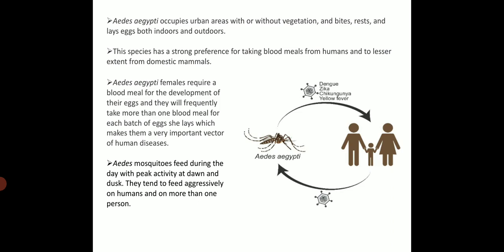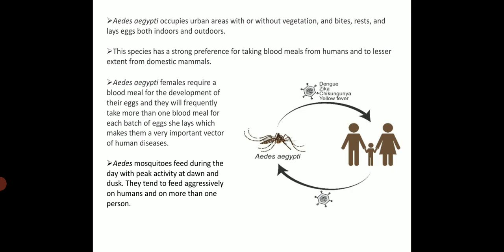Aedes aegypti occupies urban areas with or without vegetation. It bites, rests and lays eggs both indoors and outdoors. This species has a strong preference for taking blood meals from humans and, to a lesser extent, from domestic mammals.